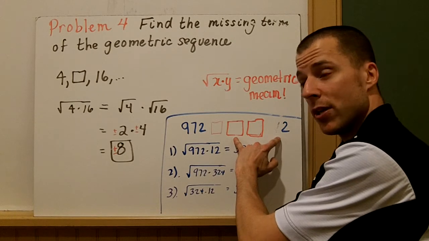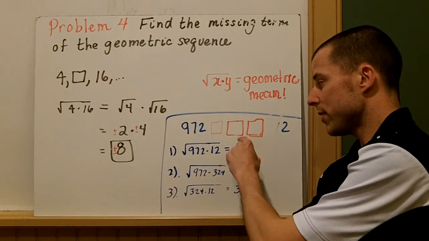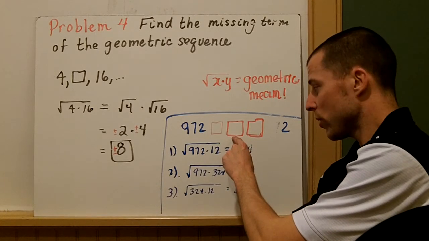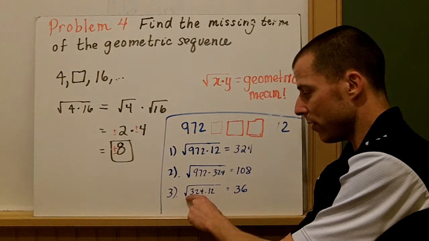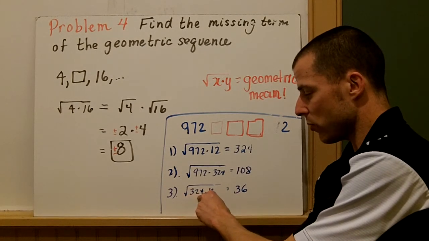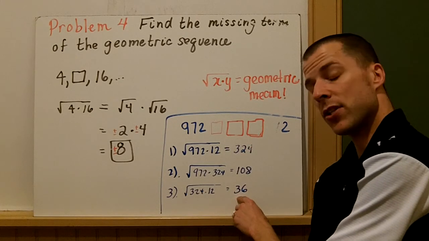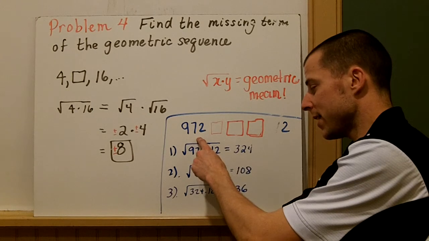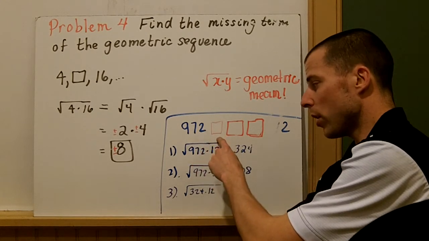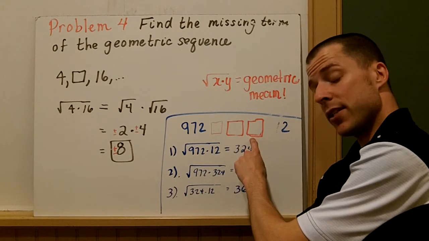If I take the geometric mean of 3 and 5, that would be my fourth term, which is what I'm missing. So lastly, the geometric mean is the square root of 324 times 12 to get that fourth term, which gives us 36. So these 3 missing terms: 972, 108, 324, 36, and 12.